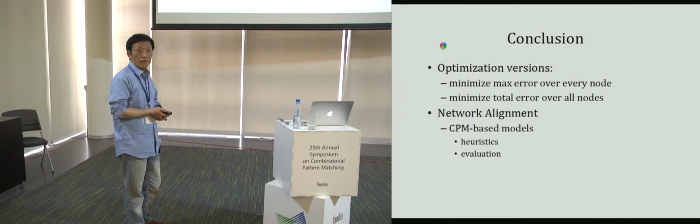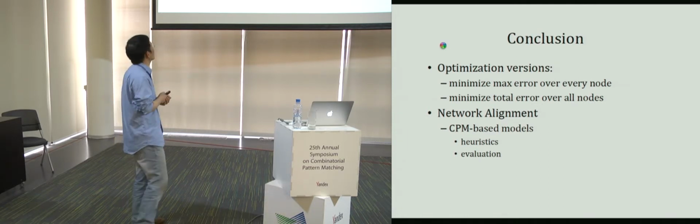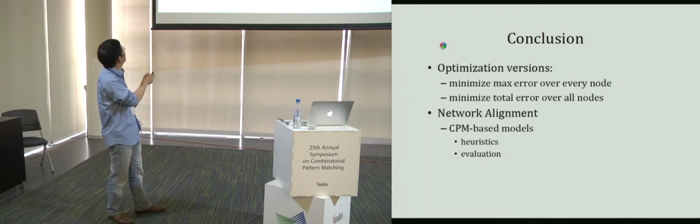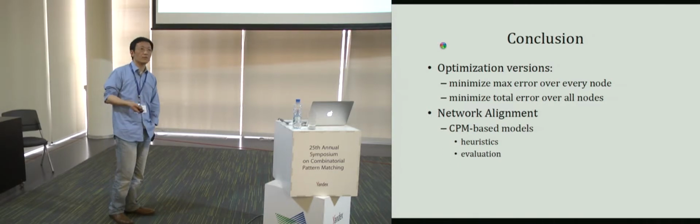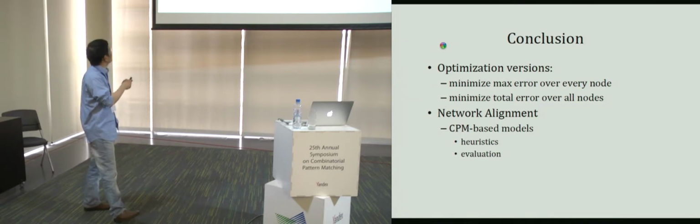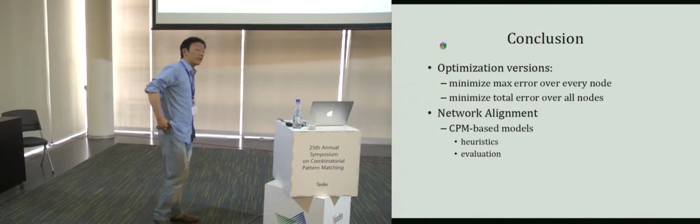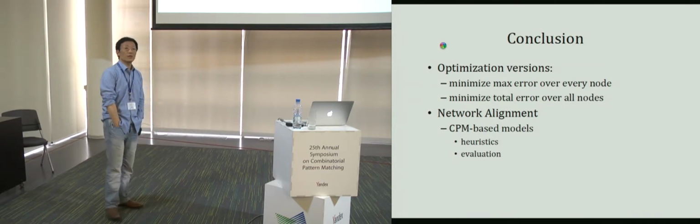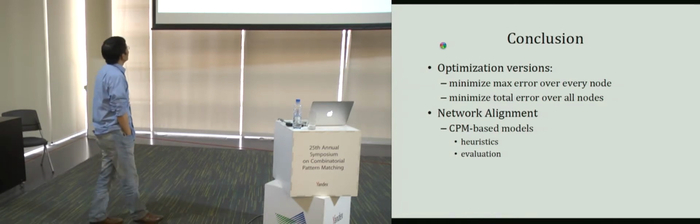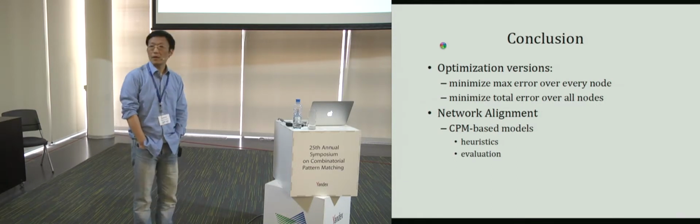That would allow us more flexibility if we consider it. Maybe this is also how to derive approximation algorithms for these versions. We have started to implement some heuristics for this problem, and it will be available at Gecko this year. That's all. Thank you.